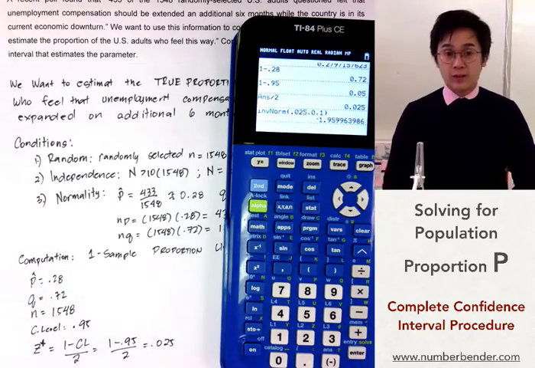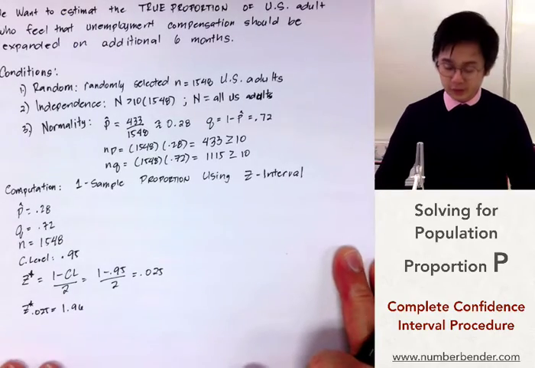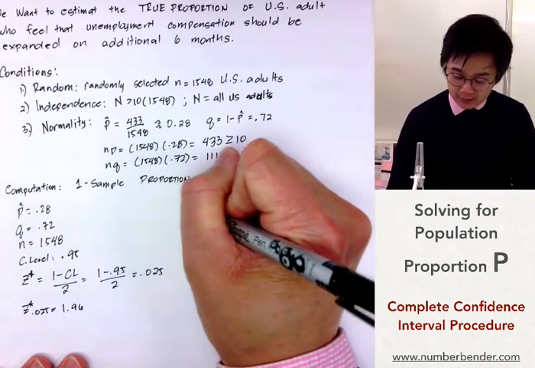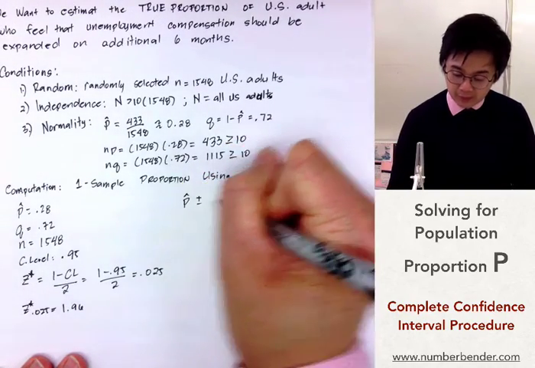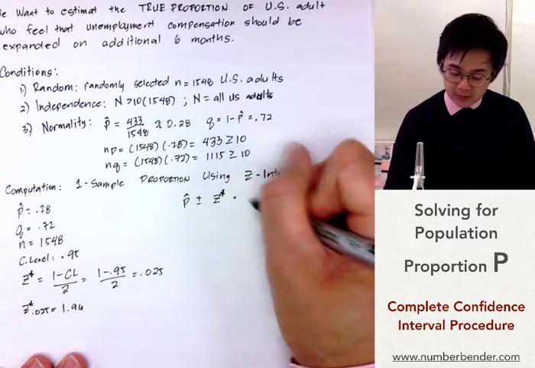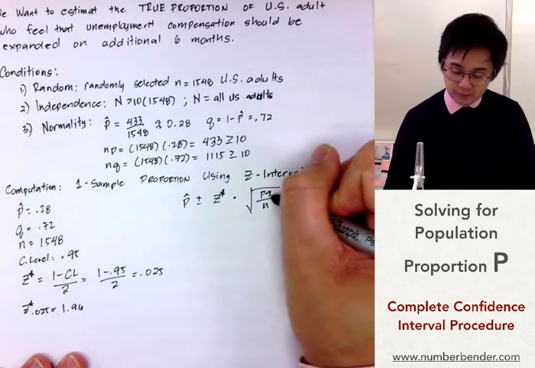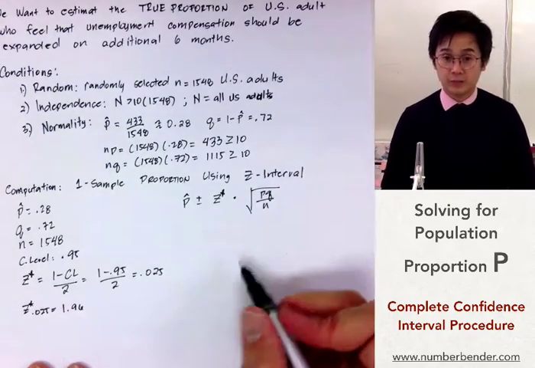Now that we have all the values that we need, we're ready to compute our confidence interval. The formula is p hat plus or minus the critical value multiplied by the standard error, which is the square root of pq all over n, where q is the complement of p.